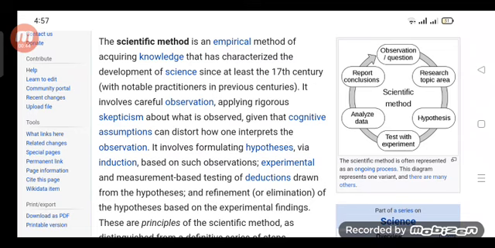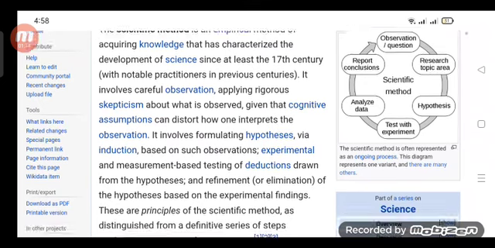It involves formulating hypotheses via induction based on such observations, experimental and measurement-based testing of deductions drawn from the hypothesis, and refinement or elimination of the hypothesis based on the experimental findings.